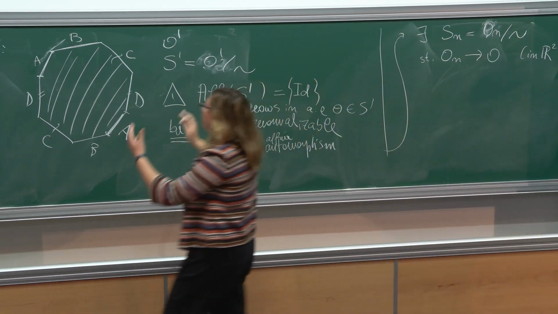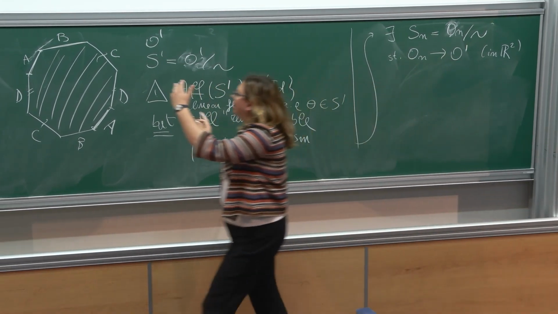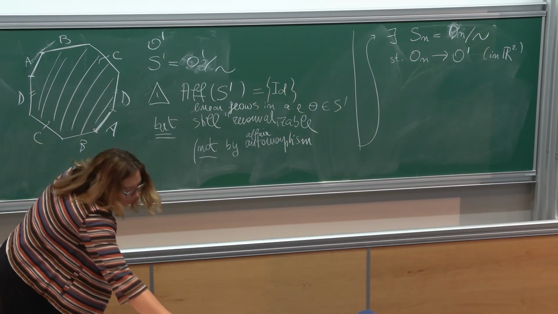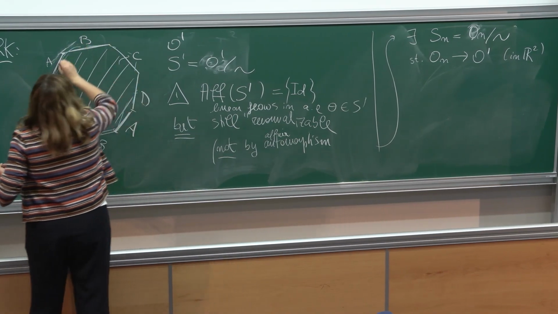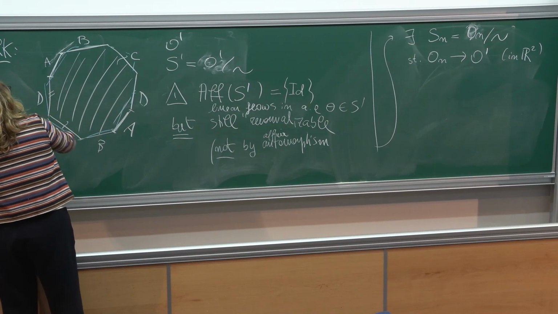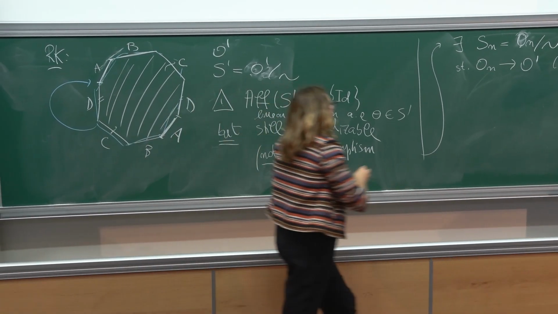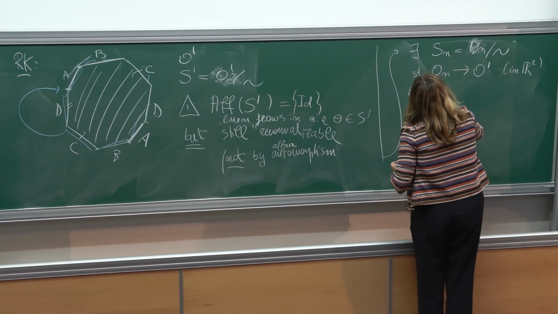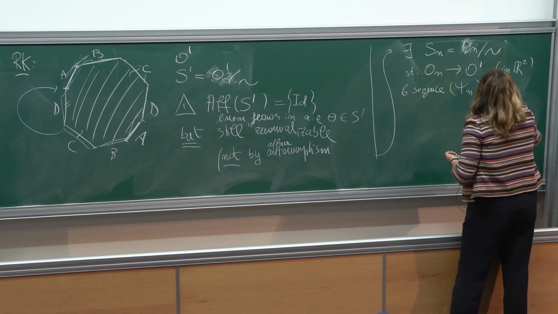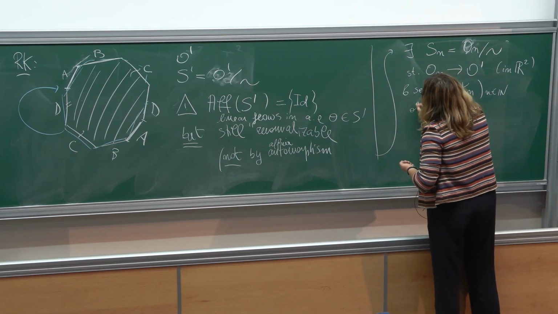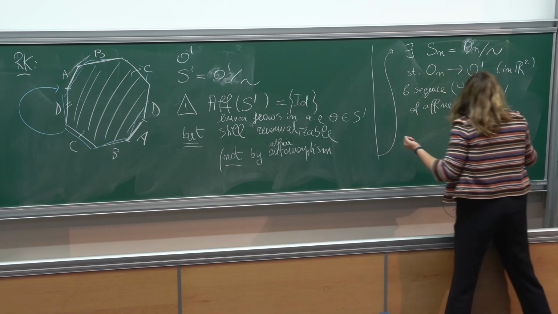So I can find a sequence of deformations which are very close to my original. I can find a modified surface, and a sequence of maps Psi from O prime to On.